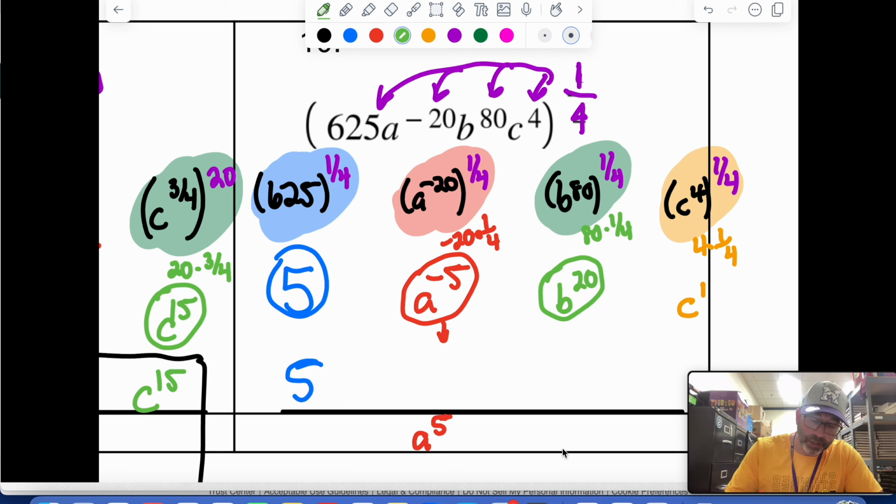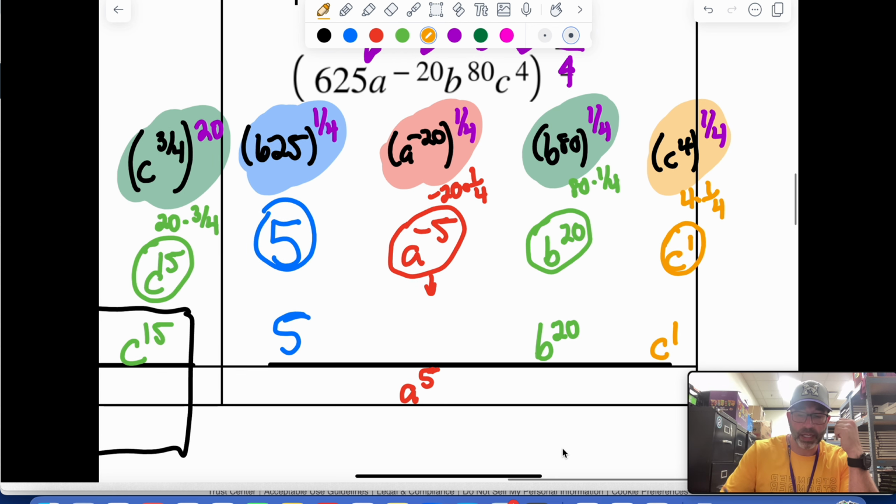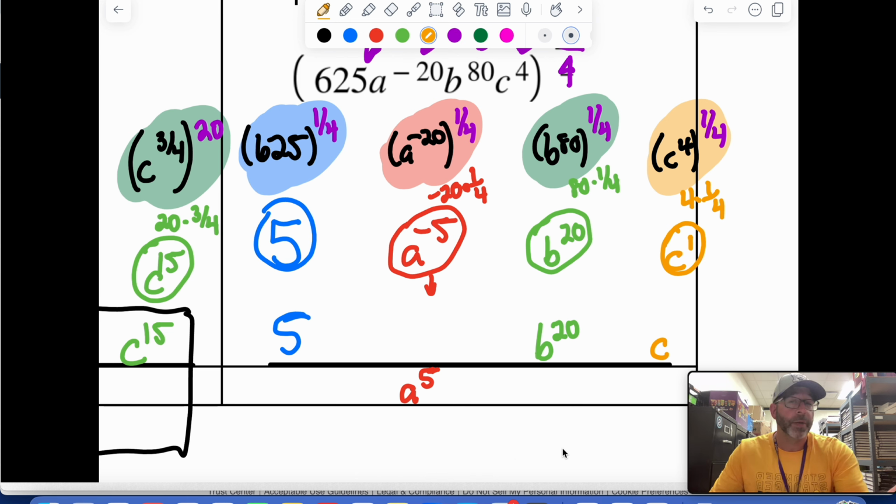The b to the 20th will stay where it is, and then the c to the 1st will stay where it is because it's a positive exponent. And then we can go ahead and keep this as just a c. We don't need that 1 because when I say how many c's do you see there, you're going to say there's 1. We don't have to write the 1 if we know that there's only 1 c. Okay, but this is it.